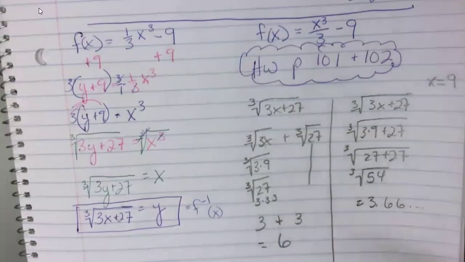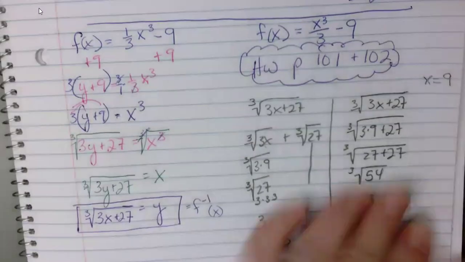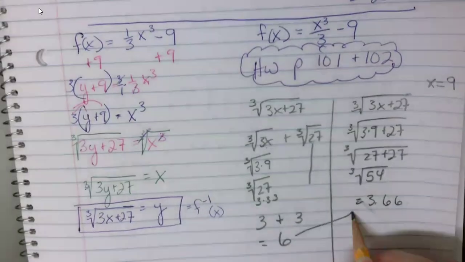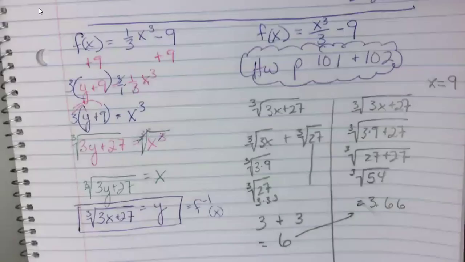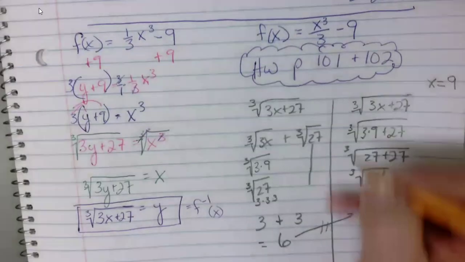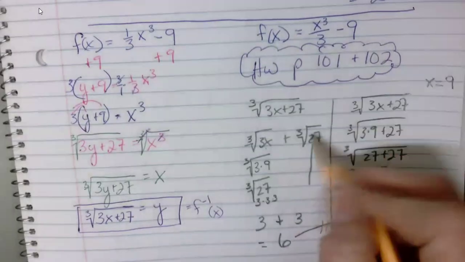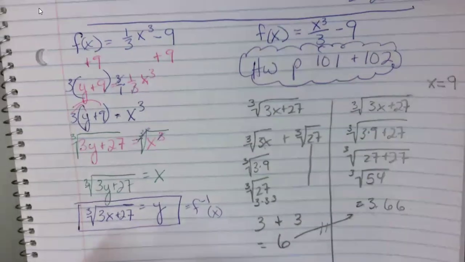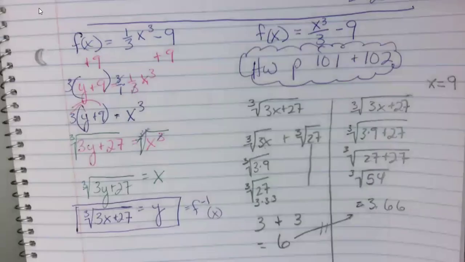But it went on for a while. So 3.6 something, something, something. Well, the whole number 6 and the decimal 3.66 are not equal. So these two different ways of writing it are not the same. So that tells me that I have to keep it all under one radical, and I cannot simplify further.